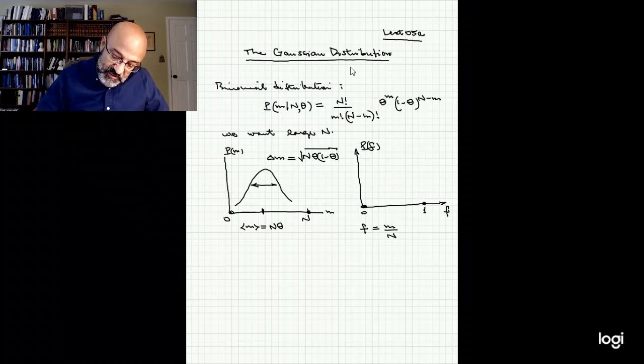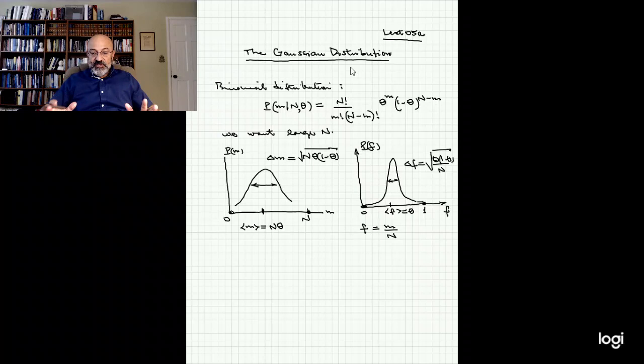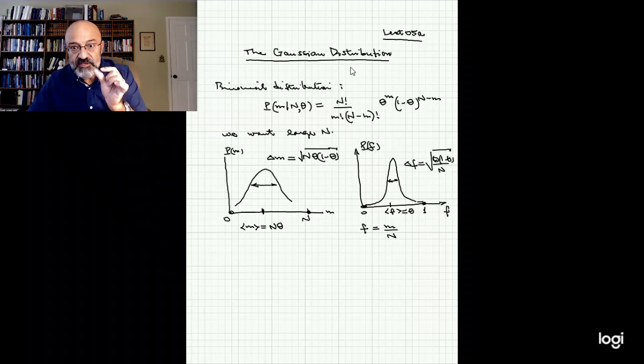And what we get here is some kind of curve. The mean frequency is theta, and the width of the distribution is the square root of theta (1 minus theta) over n. So what we are seeing here is that the distribution is going to be getting narrower and narrower.